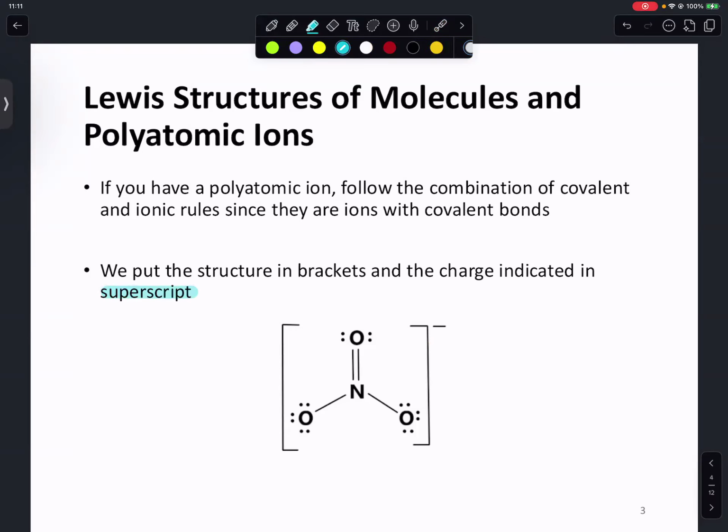For example, this is the nitrate ion. Remember, very early on in the semester, you were required to memorize the list of polyatomic ions and their charges, and this comes in handy right now. I misspoke earlier, so this is the nitrate ion.